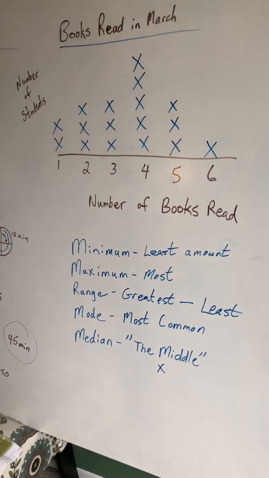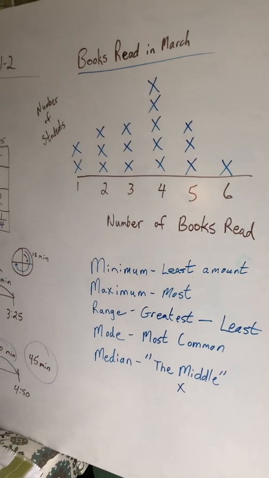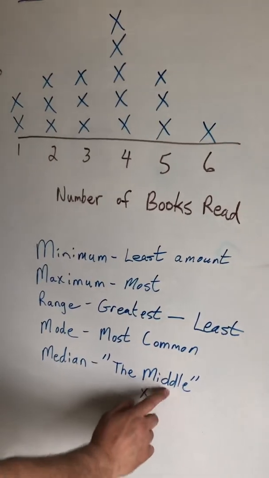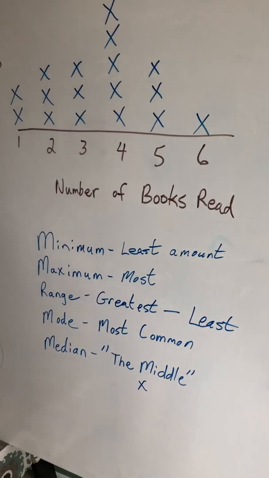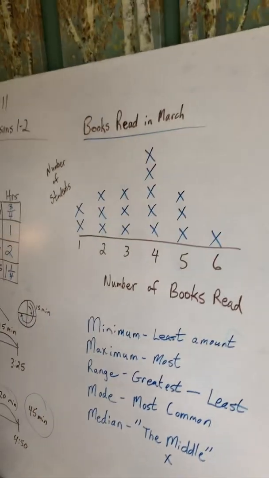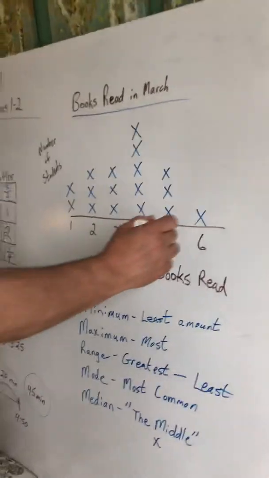That's the mode. Now the median, this one's going to take a little bit, okay? So I put down here the middle X. I saved this for last because I'm going to mess up my line plot.